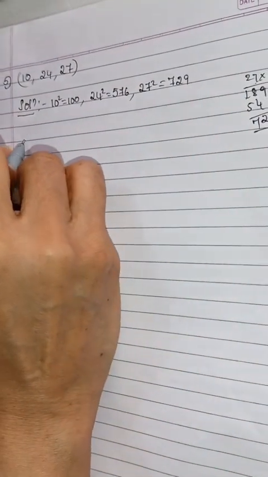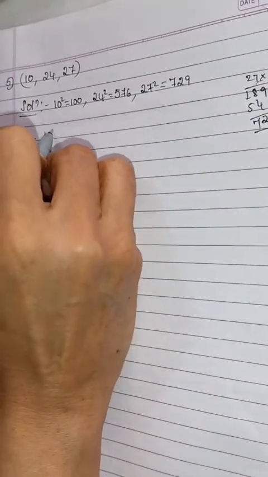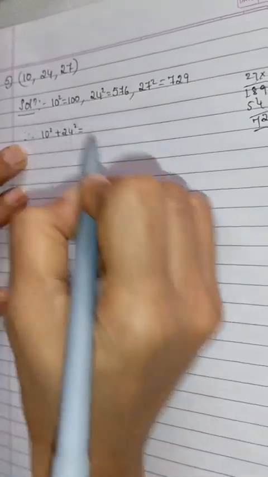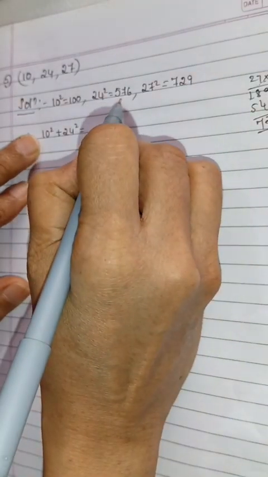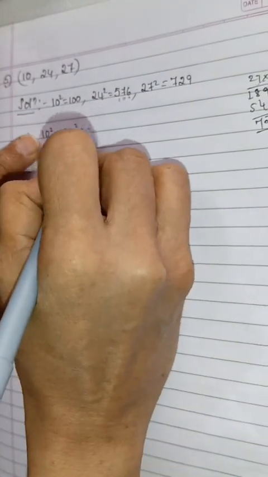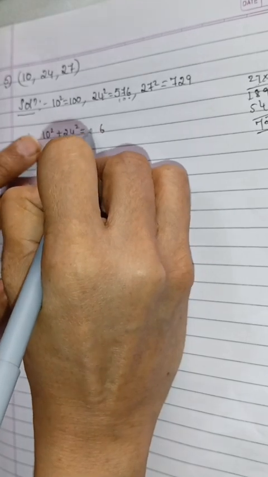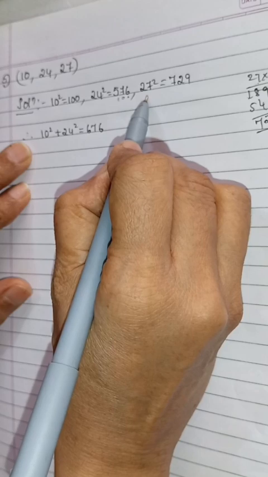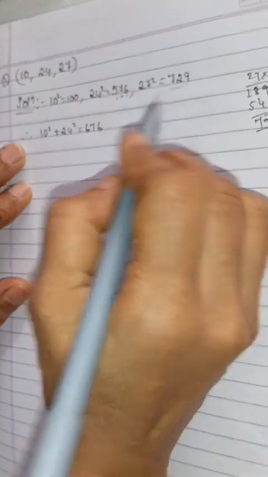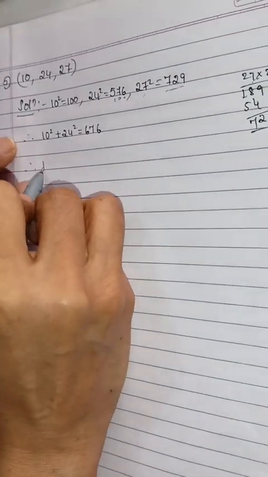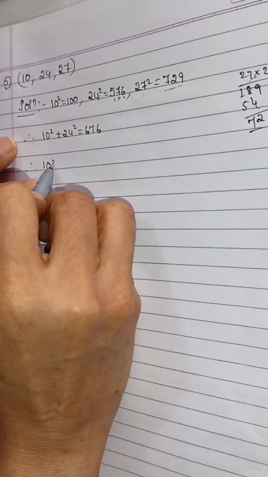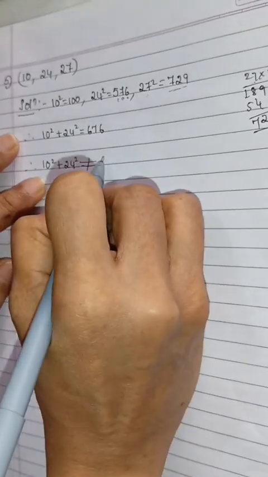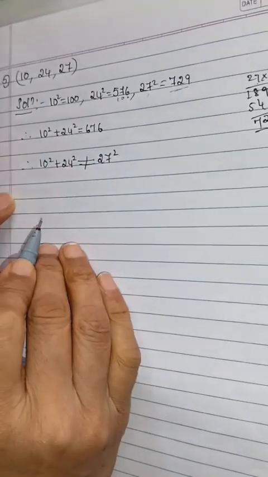Now therefore 10 square plus 24 square is how much? 100 and 576, that is 676. But the larger number is 729. Therefore 10 square plus 24 square is not equal to 27 square.